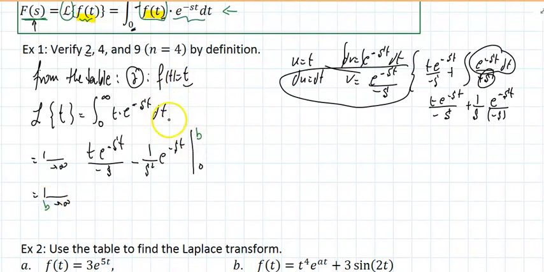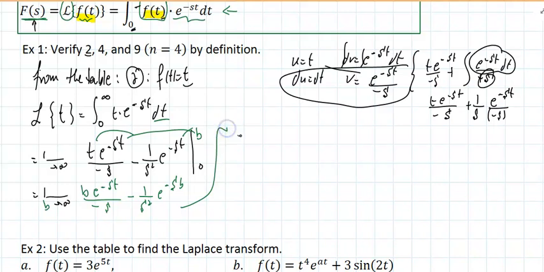So plug them in. Again, remember this is in terms of t. Plug this in for t. So that's going to be b e to the negative sb divided by negative s, minus 1 over s squared e to the negative sb.